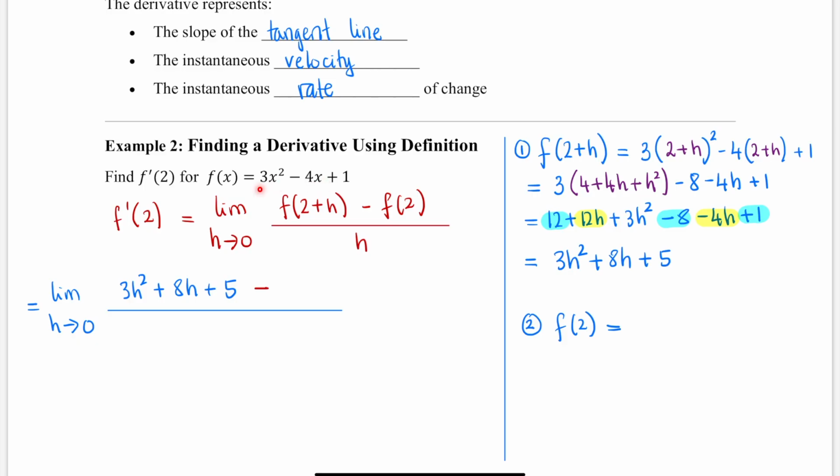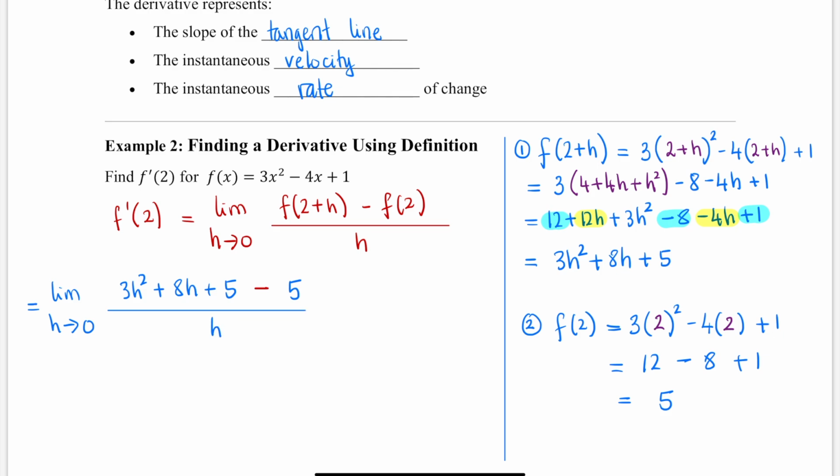I'll have 3 times 2 squared minus 4 times 2 plus 1. 2 squared is 4, and 4 times 3 is 12. 4 times 2 is 8, and plus 1. 12 minus 8 plus 1 is 5. f of 2 equals 5. I will substitute f of 2 with 5, all over h.